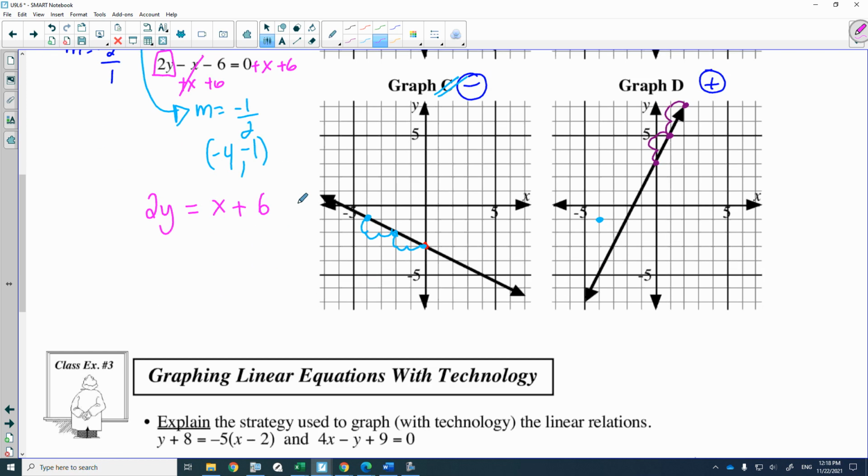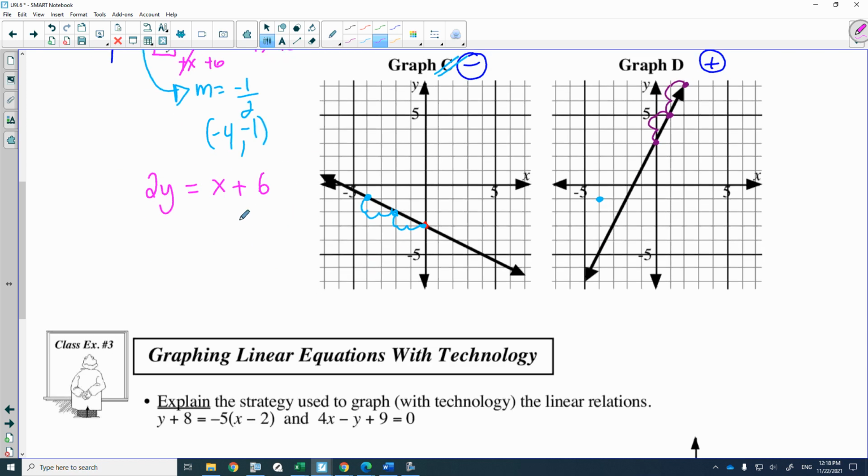Angel, what do I do from here? I got to isolate this y, so how do I do that? By dividing everything by 2. To get y by itself, get rid of that 2 by dividing everything by 2. You have to realize, and some students forget, that there's an invisible 1 here, right?